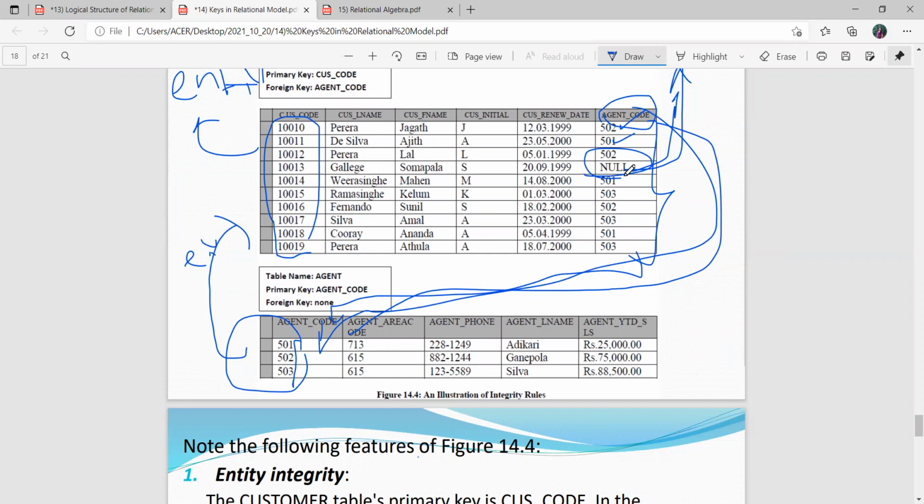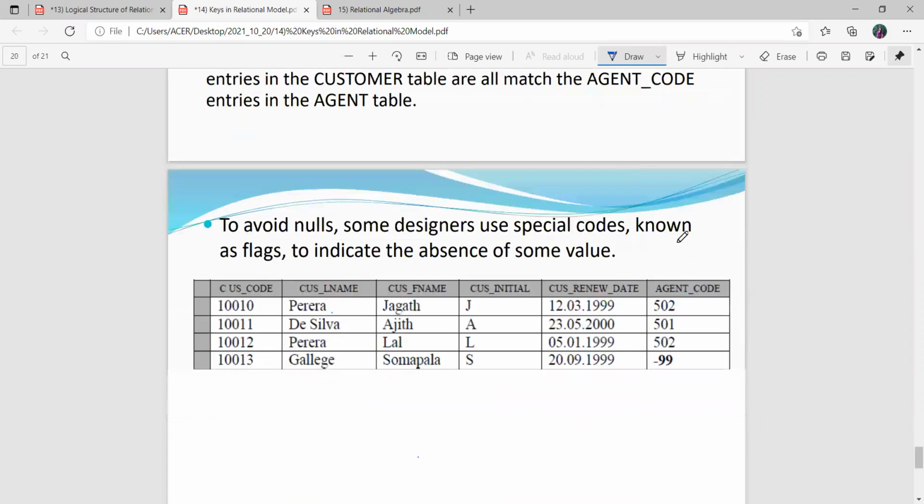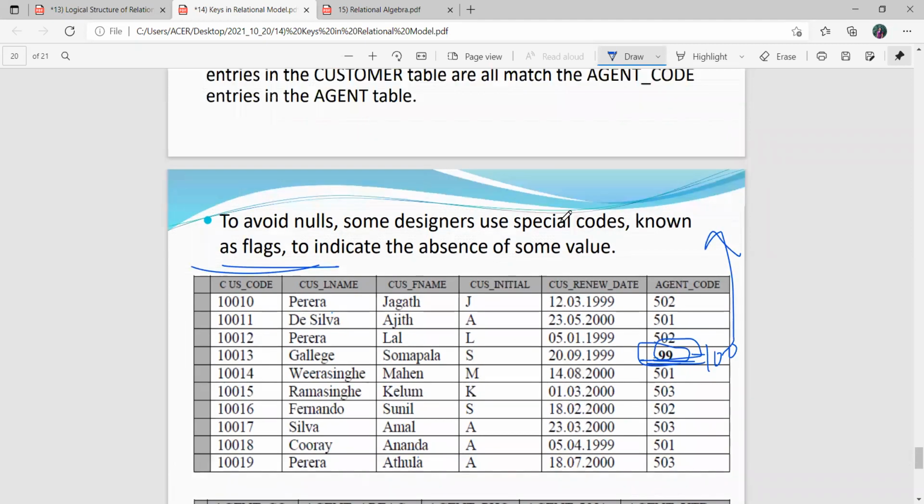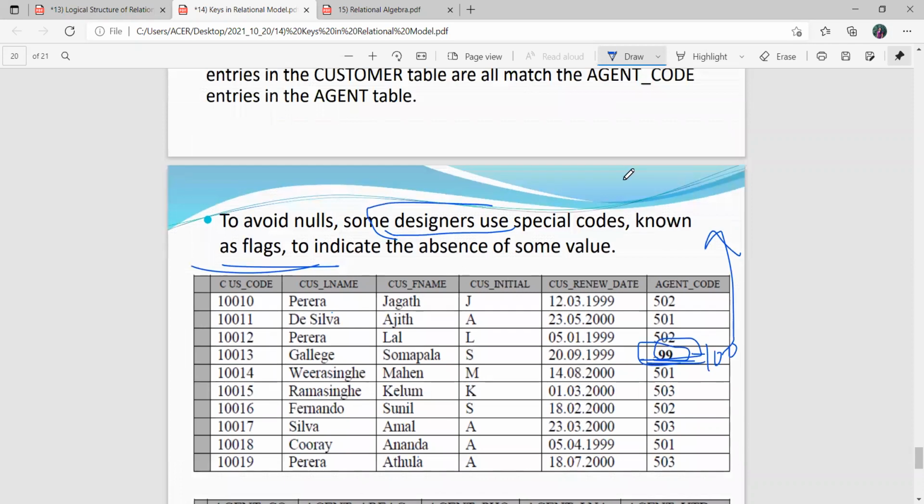So we can use a dummy value as a null value. At that time, we can assign a dummy value like minus 99 or minus 110, or any dummy value, to represent the null values in the database. This dummy value is known as a flag. This is done by the database designers.